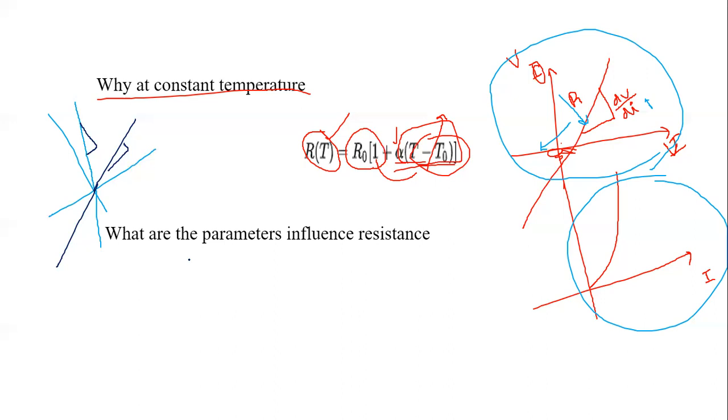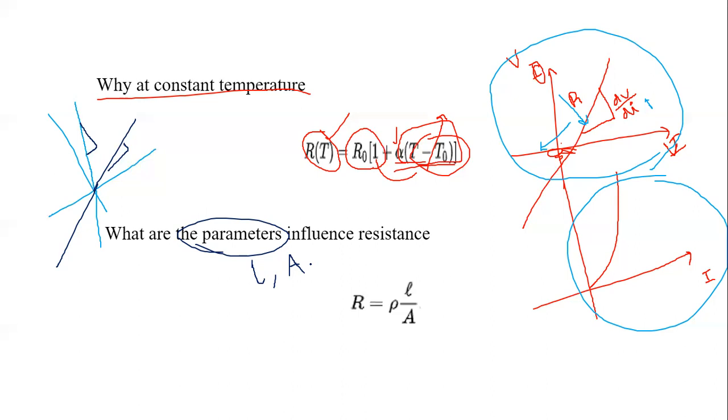So the length of the material will change and the area of cross-section of the material will change. So in this case, one parameter is the length of the material, and another is the area of cross-section of the material. These are the two properties related to the geometry, and the other is related to the nature of the material, that is, specific resistivity.